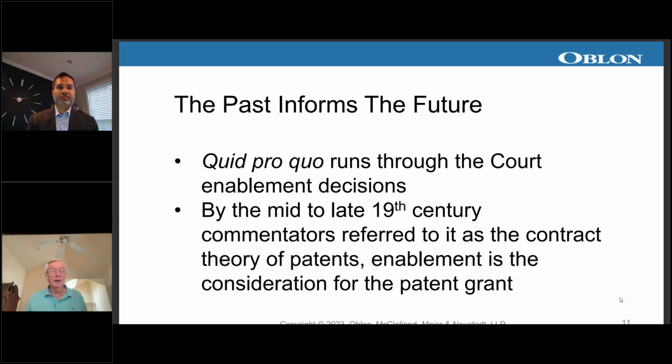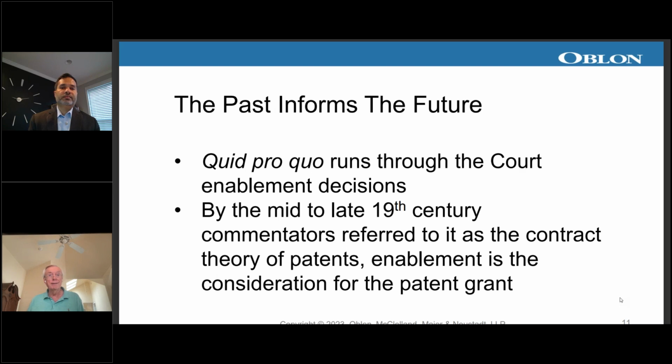And what you're looking at, as you can see from these three cases, is there's a quid pro quo that runs through the court's enablement decisions. This is the consideration for the grant of the monopoly. By the mid to late 19th century, the commentators, Clifford and Robinson, were referring to this as the contract theory of patents.